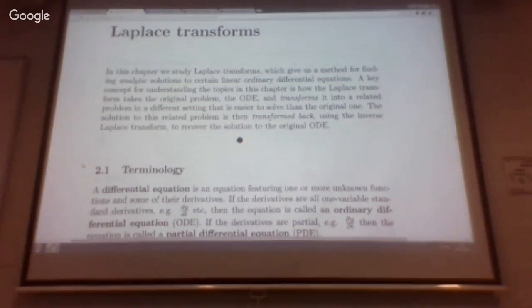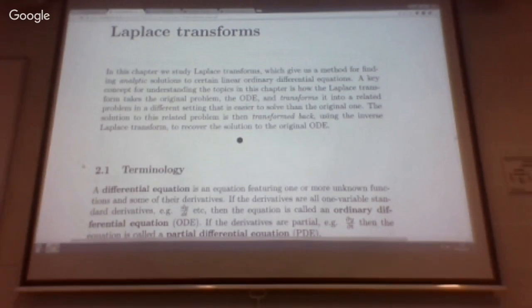Now, before we get into it, I just want to give you an analogy, an example of a completely different situation where we see something like a transform going on. That's going to give you some kind of framework to understand what's going on with the Laplace transform.